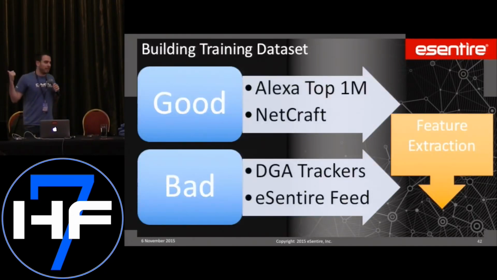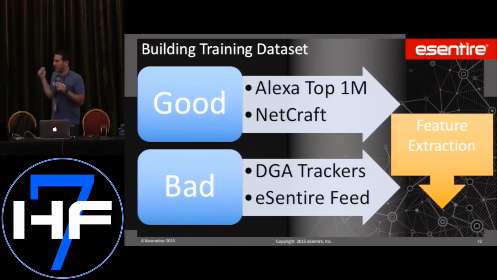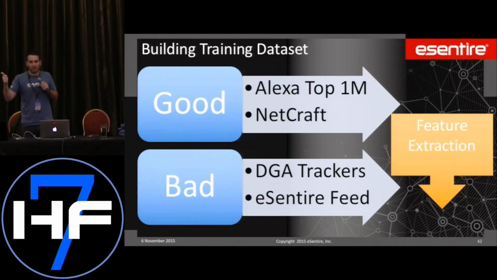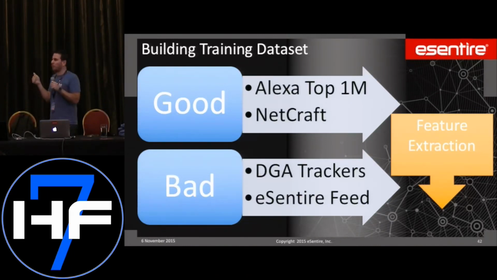Keeping in mind the domain generation algorithm as an example, here's how I went about it. Because we're going to use a supervised learning approach, I want to tell the computer, I know this is bad, I know this is good. So I need two big sets of data of known good domains and known bad domains. These are the two sources I used for the good: the Alexa top 1 million domains and Netcraft.